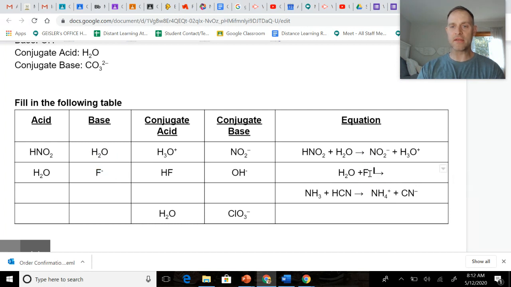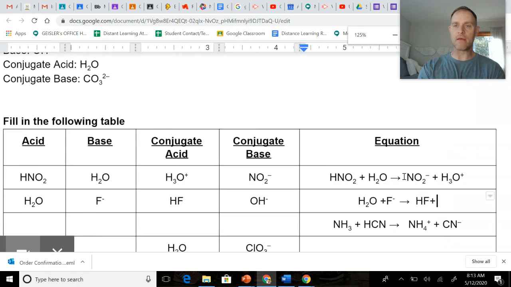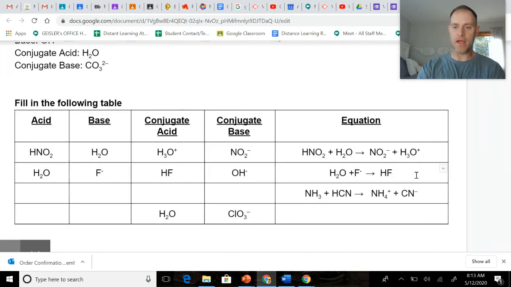Copy, paste. And on the right side, I always get my conjugate acid and my conjugate base. So I'm going to paste that on the right side. Oh, what happened? I zoomed up. And I'm going to add to that my conjugate base.